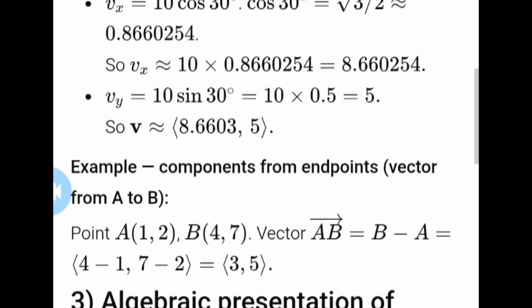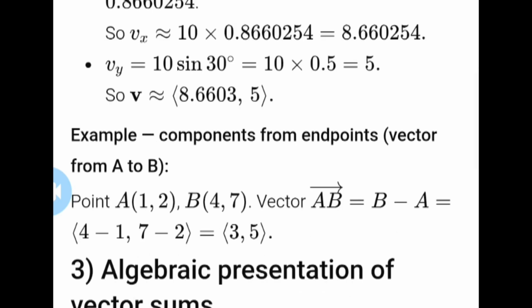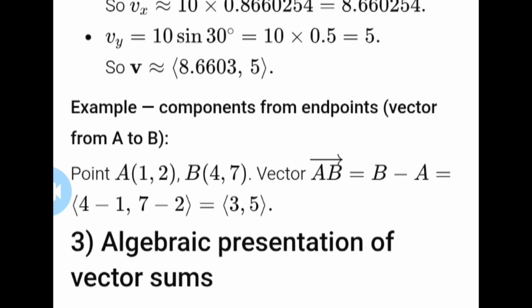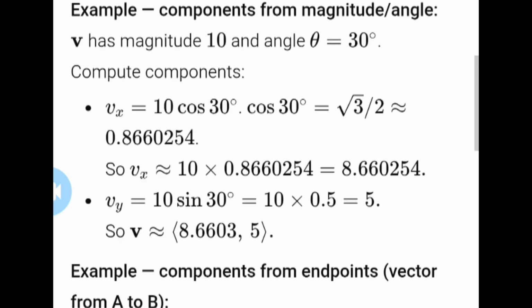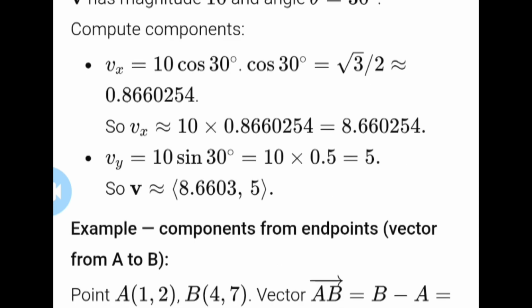Yes, 8.66 multiplied by cos 30. Wait. Yes, 8.66. The additional cos 30 that they have added here is redundant.